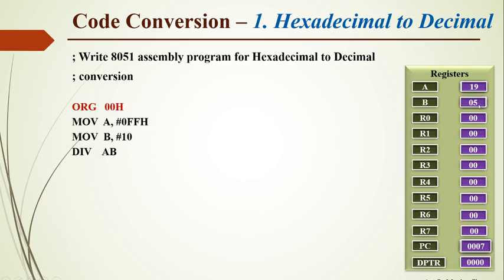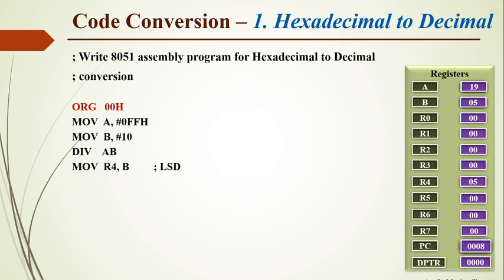So we have to collect this remainder into a register. Using the instruction MOV R4, B, we are collecting this LSD digit into the R4 register. So here R4 will contain the value 05.